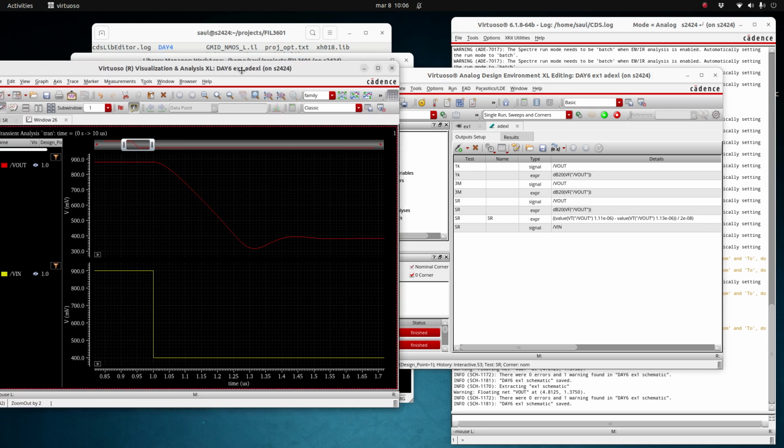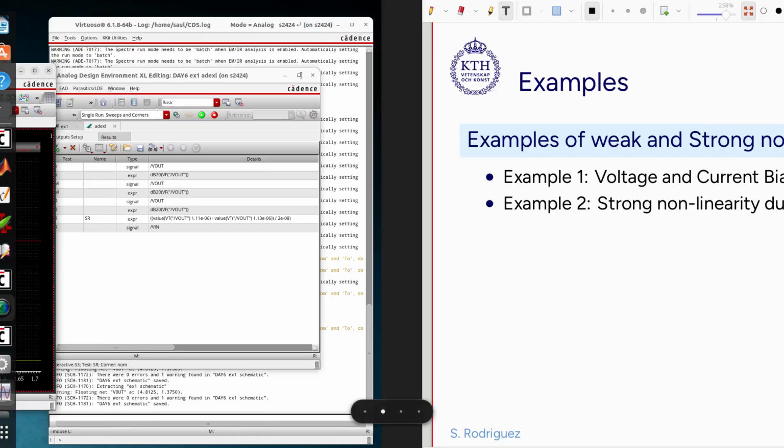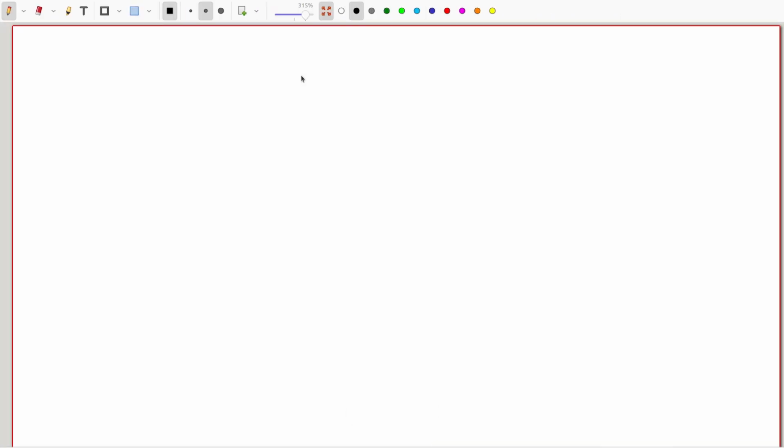Okay, so what happens here? We have our amplifier here, and then at the output we have put our load.